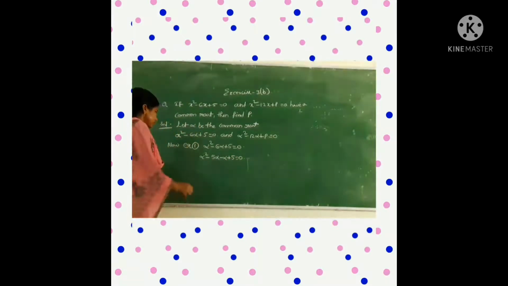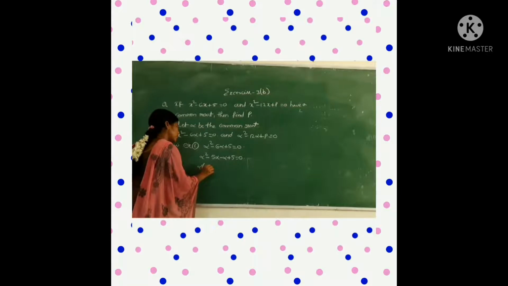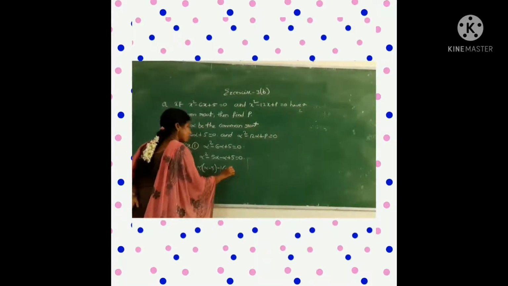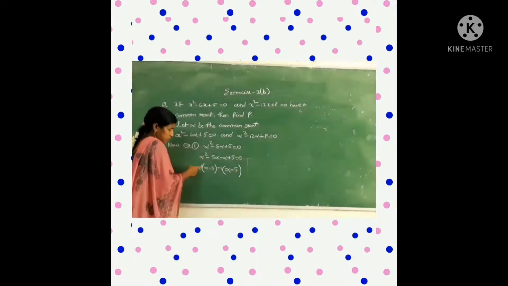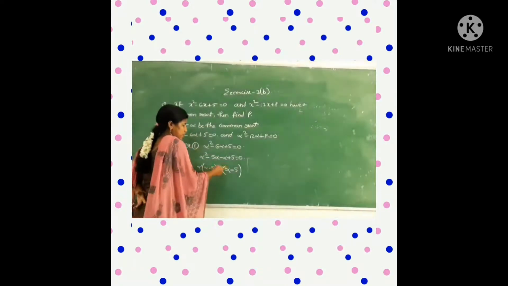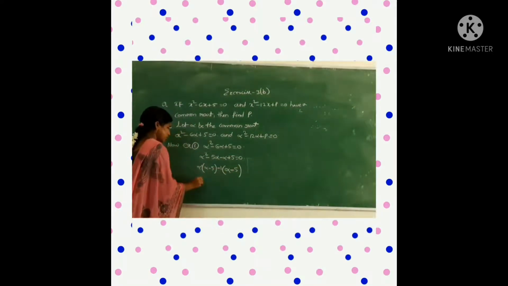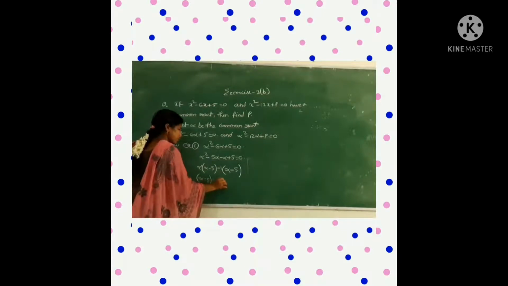Taking alpha common: alpha into alpha minus 5 minus 1 into alpha minus 5. Understand? Common factor: alpha minus 5, alpha minus 1.